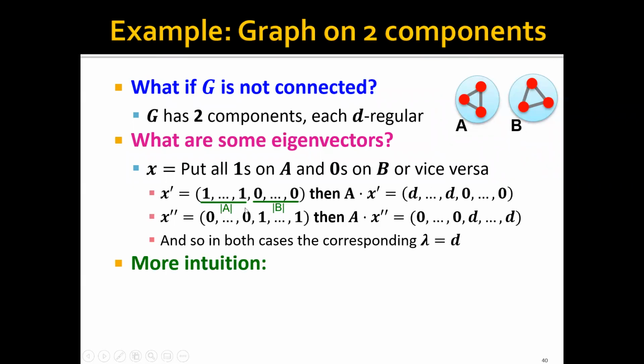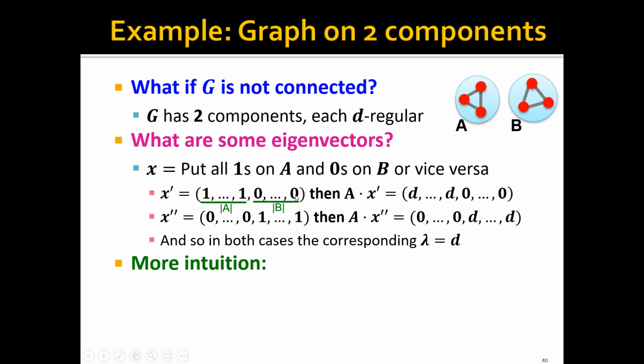What will happen? For example, let's say that one of the nodes is in group A, then we will set the corresponding element of this node in X to 1. And if, for example, the last node in this graph is in group B, we'll set the corresponding element in X to 0.